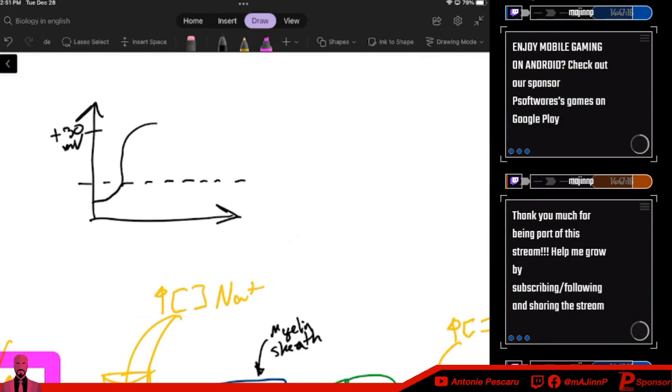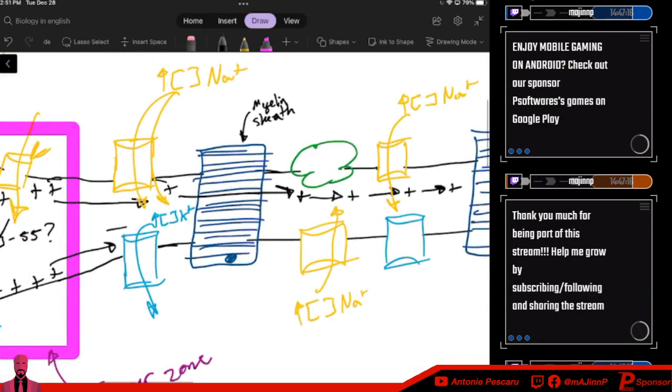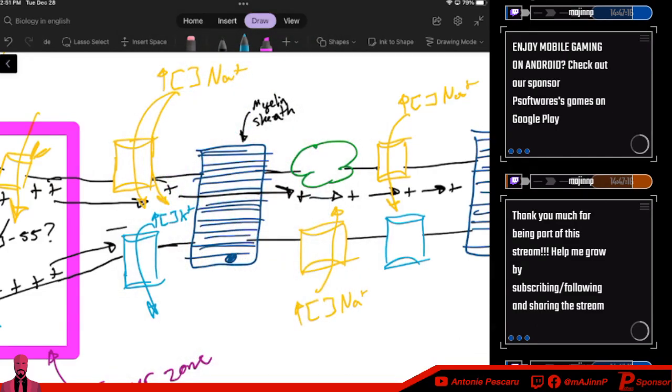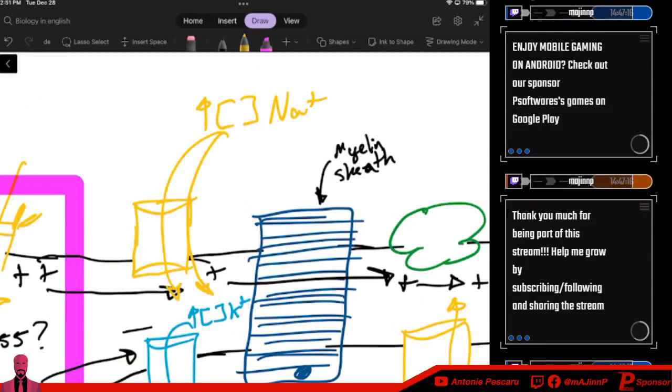When this happens, as I've stated before, that's the trigger that says, okay, I've had enough of my dose, I'm going to start closing shop. And so the voltage-gated protein ion channels are going to start closing shop.